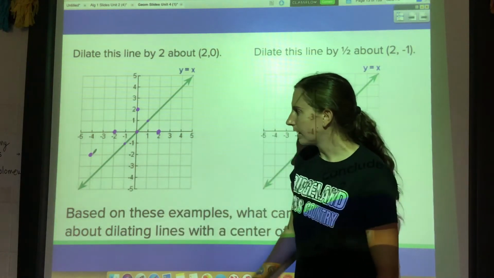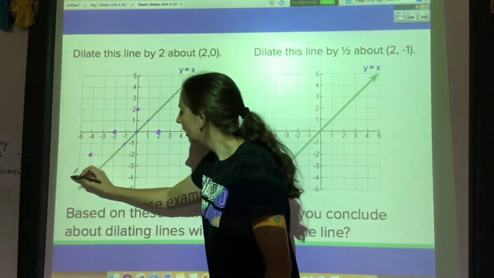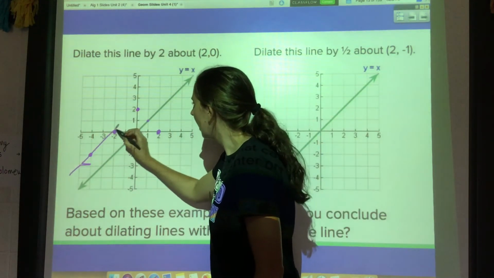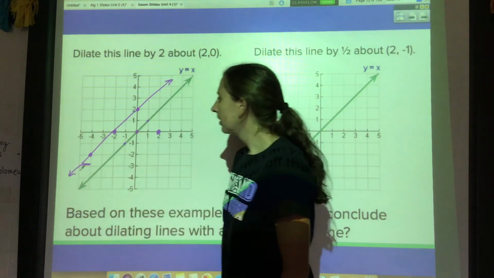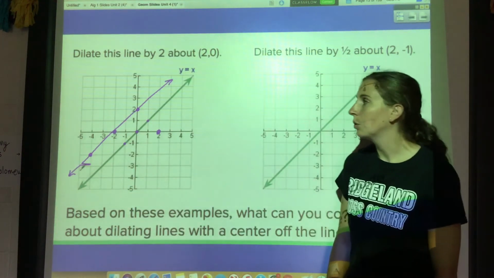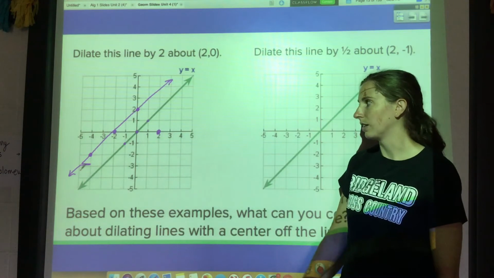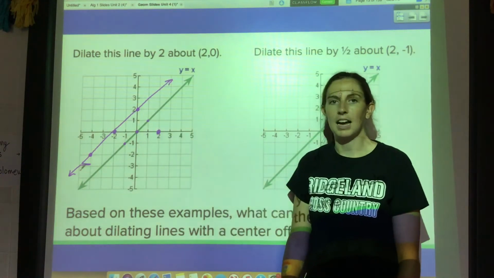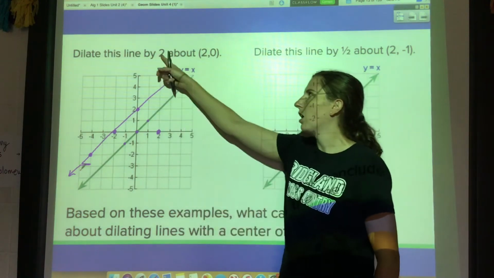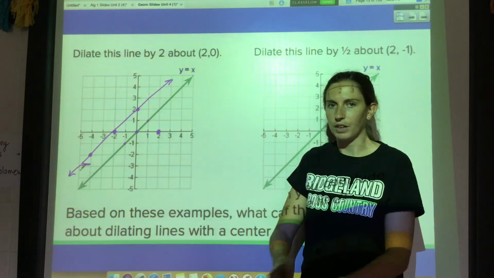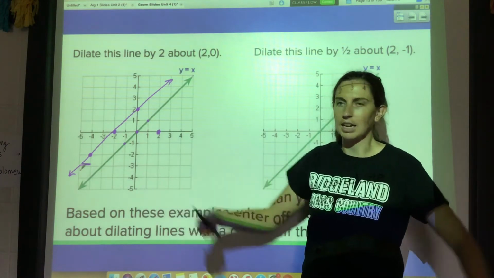If you keep doing this, you'll notice that it actually forms a line like this, which is parallel to the line that we originally had. So you can't really say it's twice as long because it's an infinite line. If I stretch something that's infinite, it's still infinite.